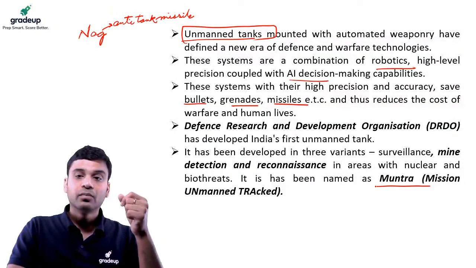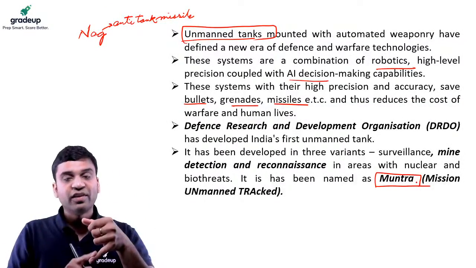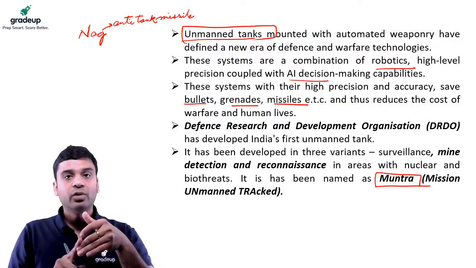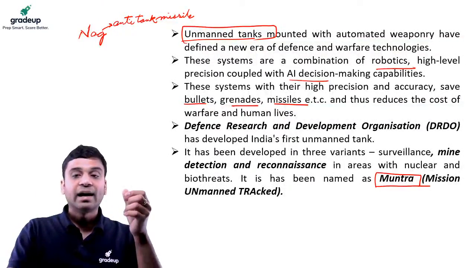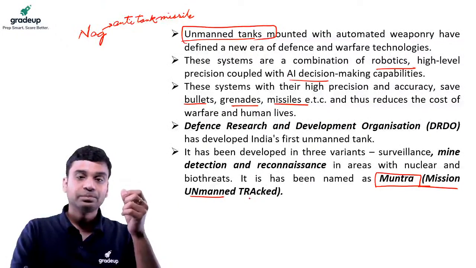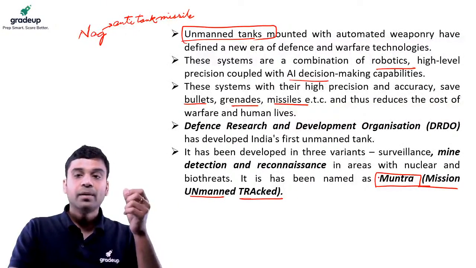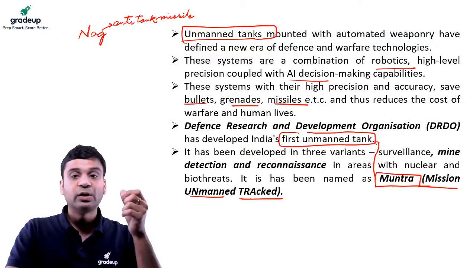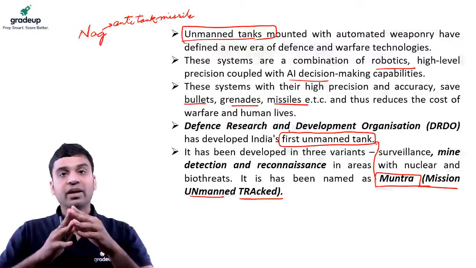This can be used for surveillance, mine detection, reconnaissance. Muntra is basically Mission Unmanned Tracked. Okay, Muntra is our first unmanned tank developed by DRDO. So this is also an example of your disruptive war technologies, right?